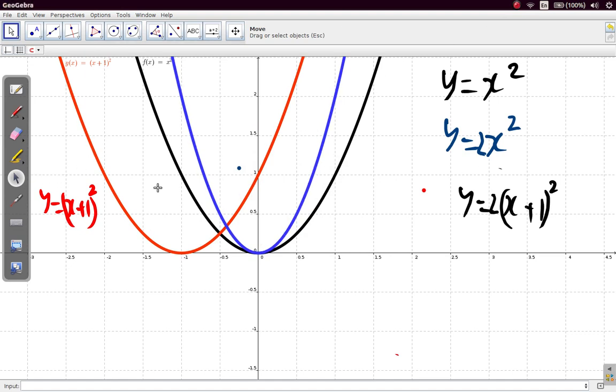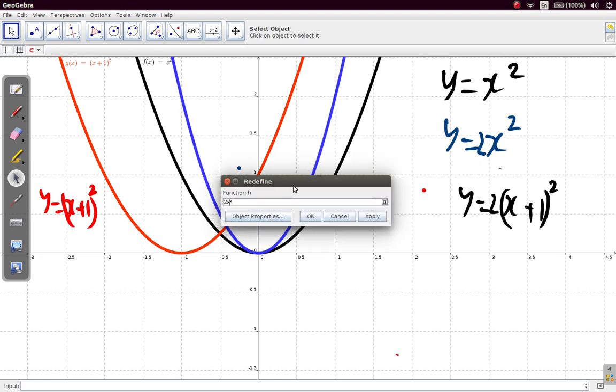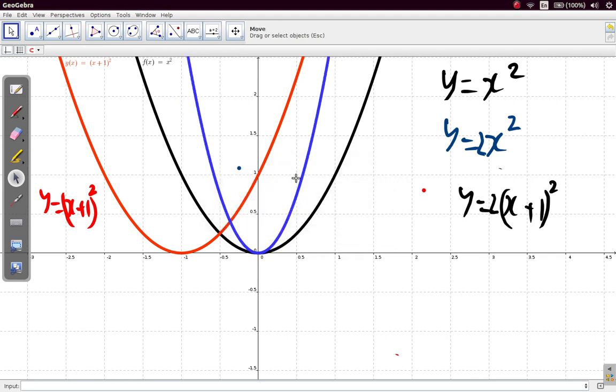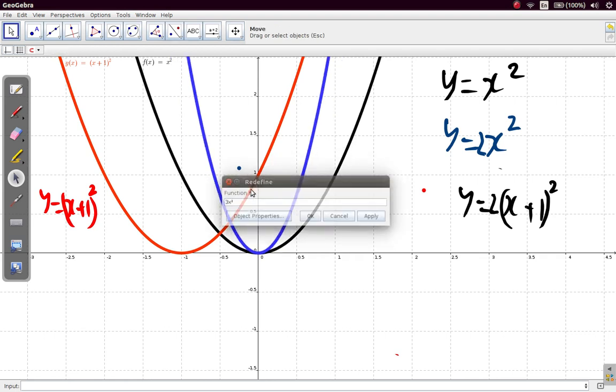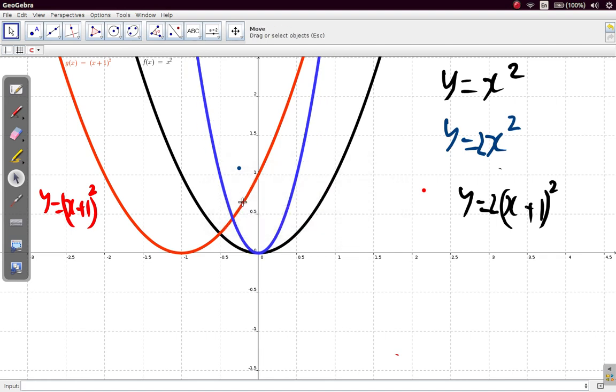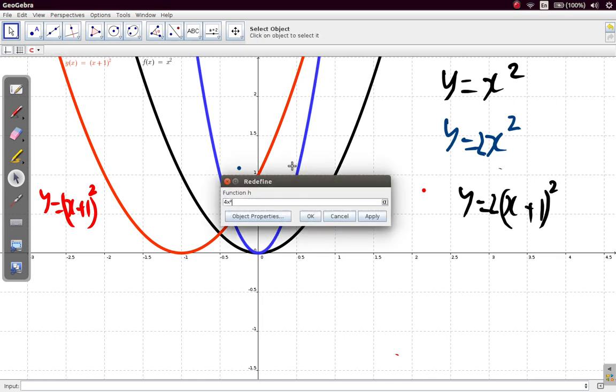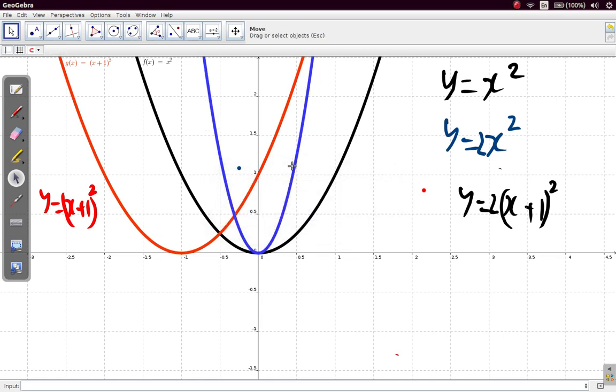So what this really does, multiplying by 2, is make the graph even steeper. Suppose we multiplied this graph by 3x squared. You see, it's even steeper than before. 4x squared, steeper. 5x squared makes it even more steep, right?